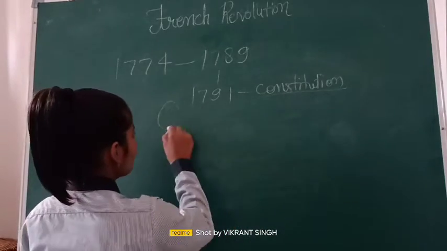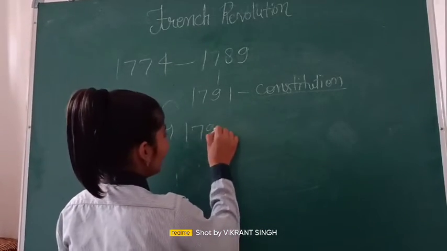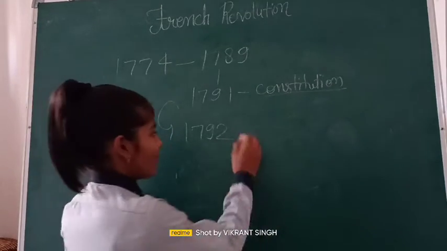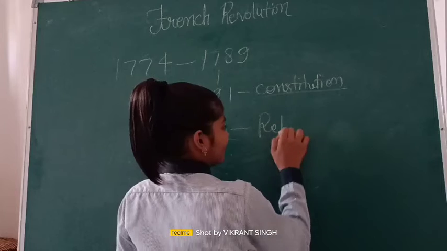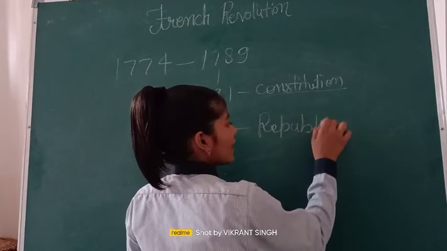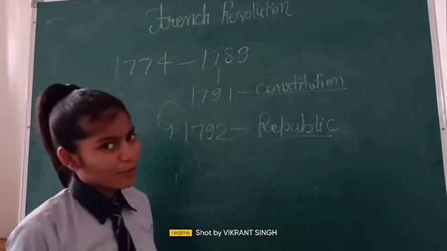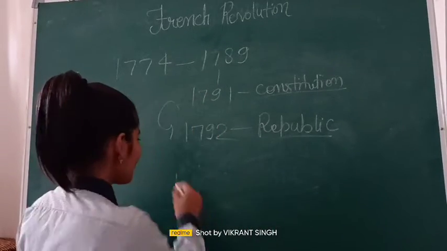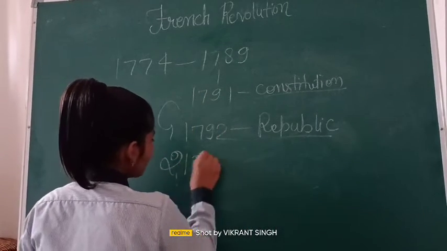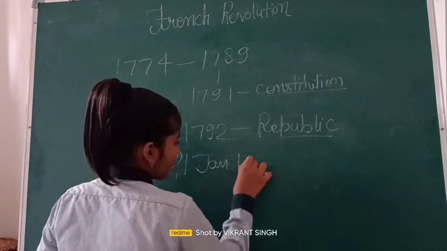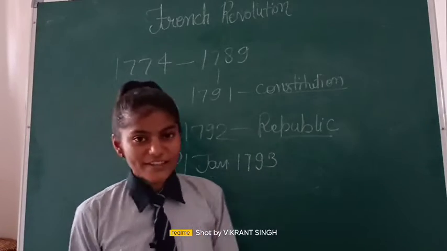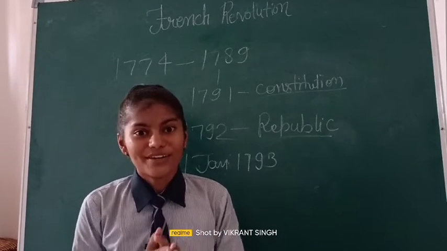Then after, the National Assembly in 1792 declared France a Republic. Yes, now France became a Republic. But what happened to Louis XVI? Shortly after this, on 1st January 1793, Louis XVI was sentenced to death.